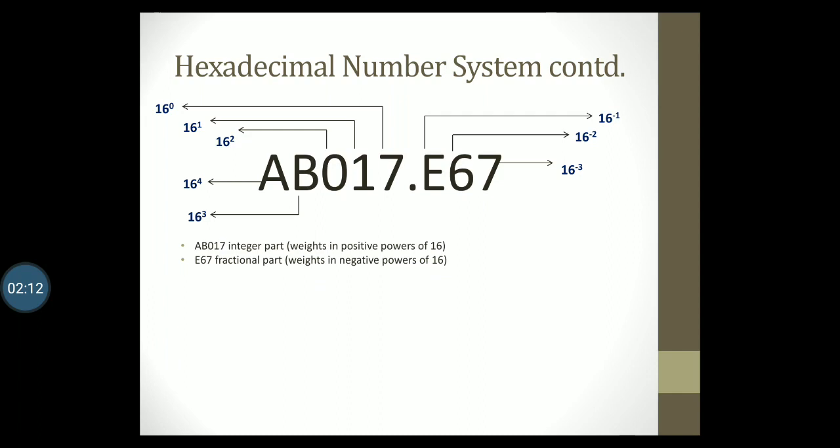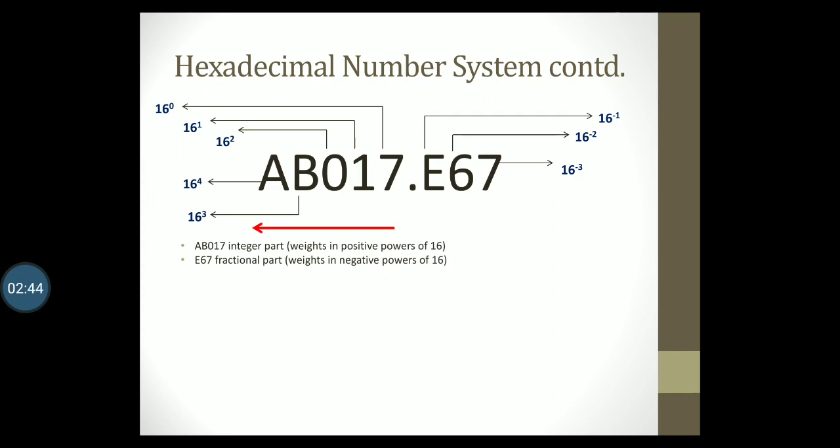Starting from the decimal point and moving left, the first position has a weight 16 raised to 0. The next position has a weight 16 raised to 1, then 16 raised to 2, followed by 16 raised to 3, and 16 raised to 4 is the weight of the last position. All digits to the left of the decimal point have positive powers of 16 as weights.